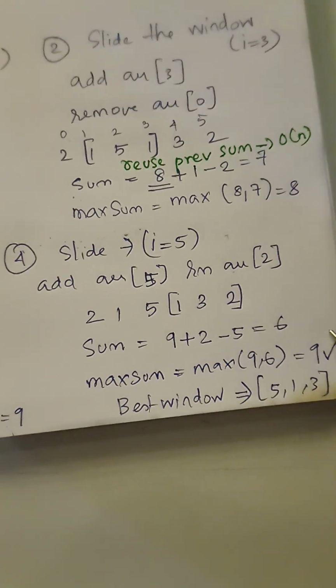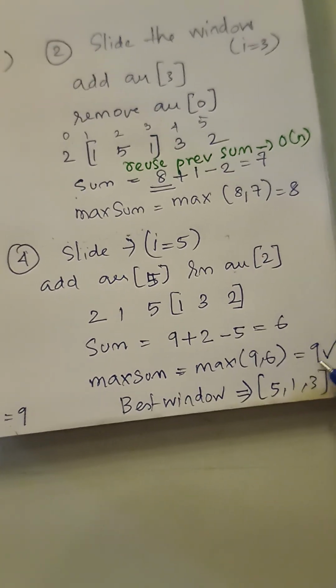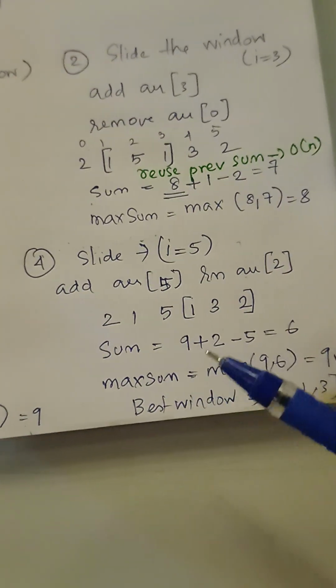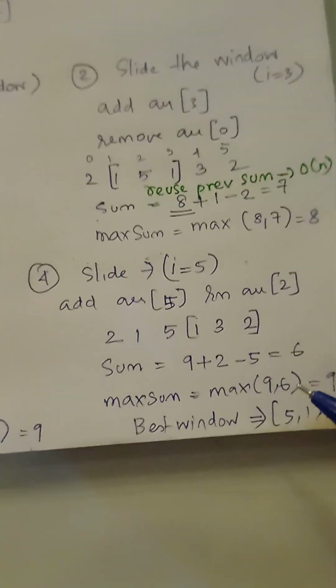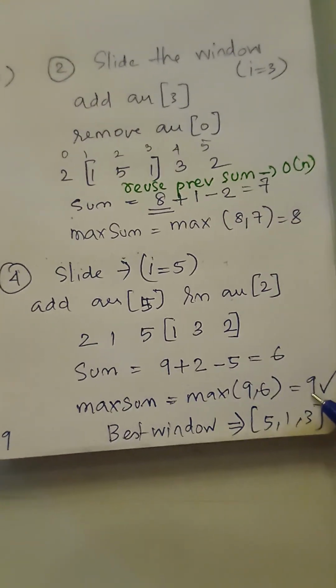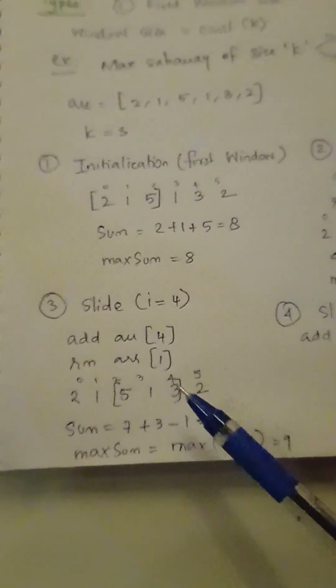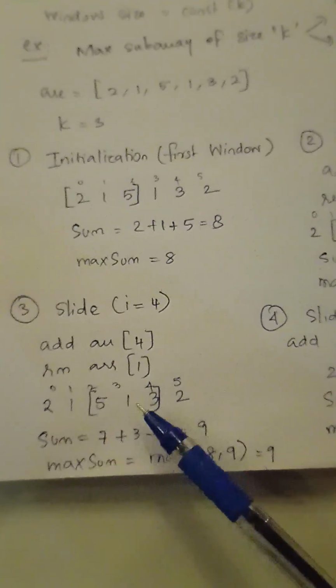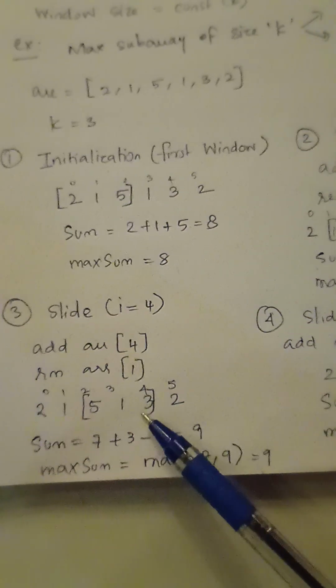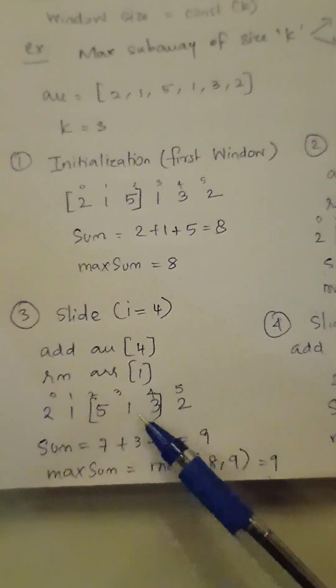So the maximum sum is going to be 9. Out of all the answers, 9 is the maximum sum, and the window which gives this sum 9 is exactly this 5, 1 and 3, and this is our answer. I hope you understood.